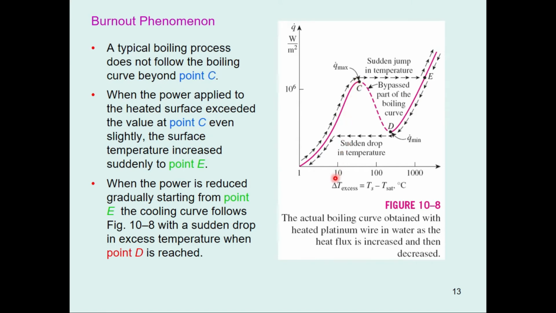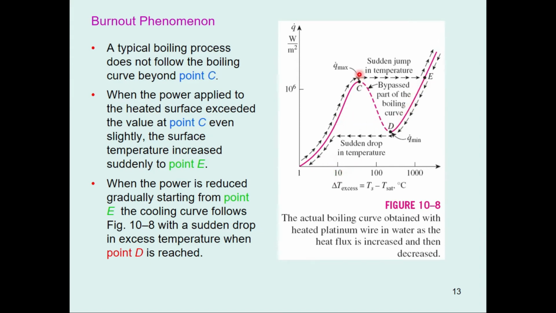Let us take an example. This is the delta T excess on the x-axis and the boiling heat flux on the y-axis, right? And if we are increasing the temperature of the heating surface, from which we are heating or boiling our liquid, what will happen after the point C? In a typical boiling case, the boiling will not follow this pink curve, right? What will happen if we increase the temperature?